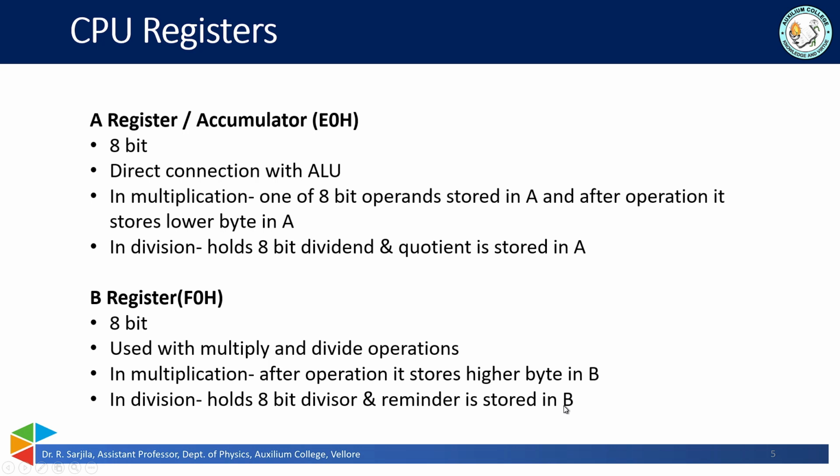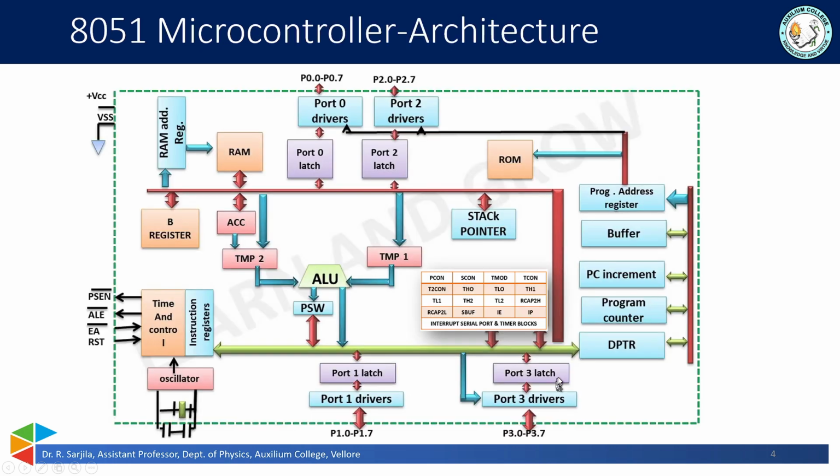These latch and driver for port 3. These ports are 8-bit ports. These are bidirectional ports, so bidirectional arrows are drawn here. 8 bits are there, starting from P0 to P7. These are the 8 bits of port 1. These are the 8 bits of port 2 and these are the 8 bits of port 3.